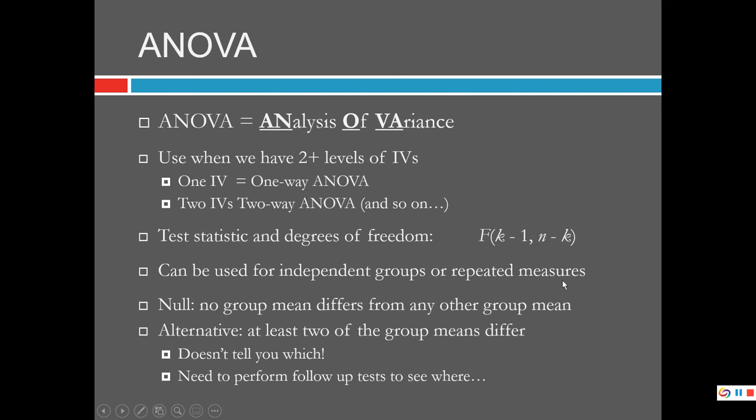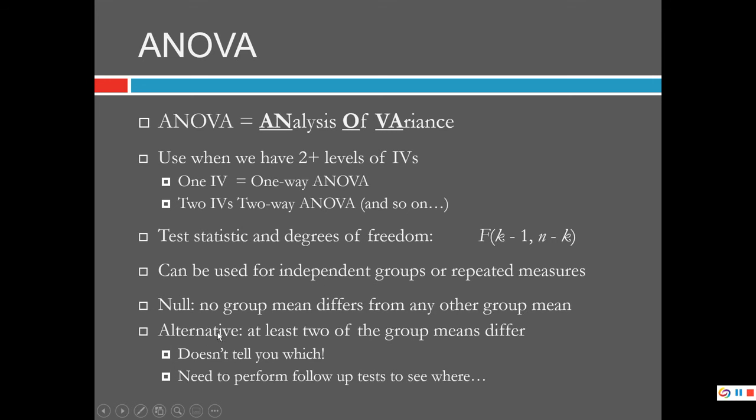One-way ANOVAs, you can use them for independent groups or repeated measures designs, and it's important, I think, to note something special about the hypotheses for ANOVA as well. The null hypothesis for ANOVA doesn't just mean that there's no difference. It specifically means there's no difference between any of the groups. None of the 3 or however many groups differs from any of the other groups at all. And the alternative hypothesis for an ANOVA by default is that 2 of the groups somewhere differ.